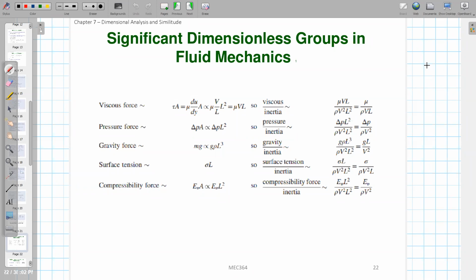Your dependent parameter becomes a dimensionless parameter, which is a function of several dimensionless parameters for the independent variables. By doing this, we can greatly reduce the number of independent variables for the problem, which is very helpful for doing experiments.